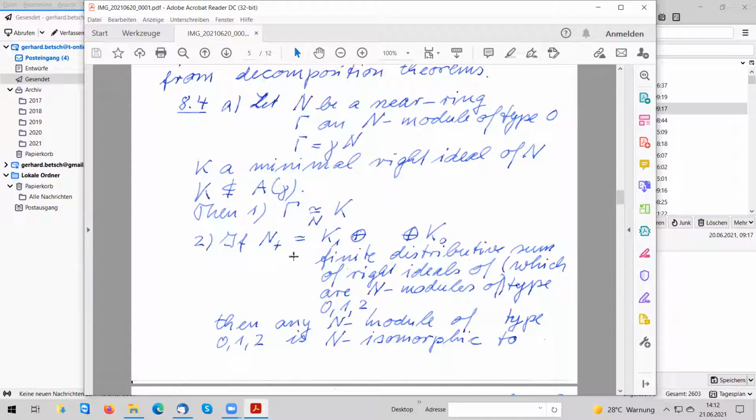of type 1, 2, 0, 1, 2. Yeah, this bracket is false. It should be at this place between ideals and of, right here.